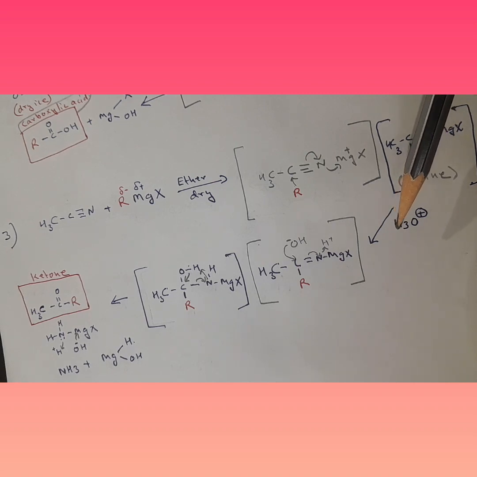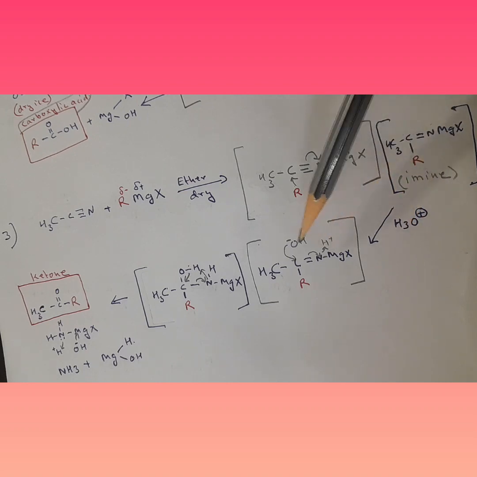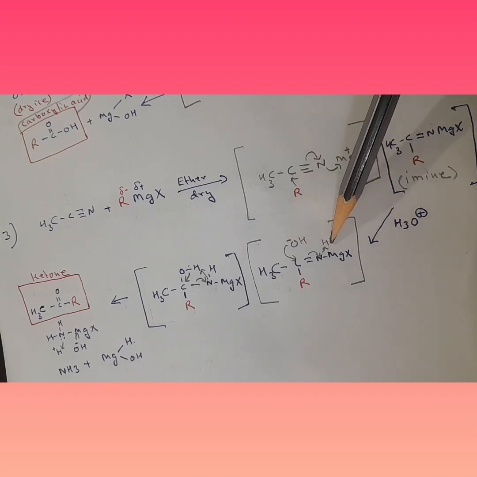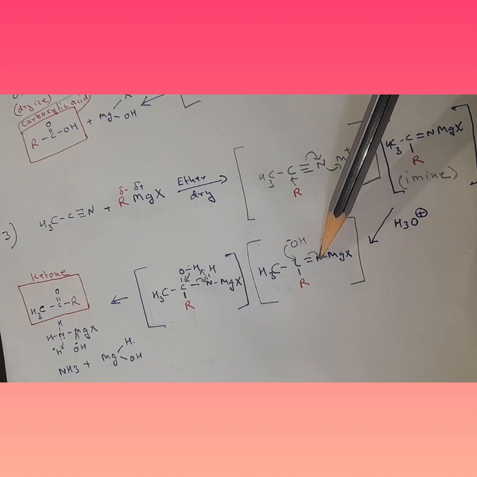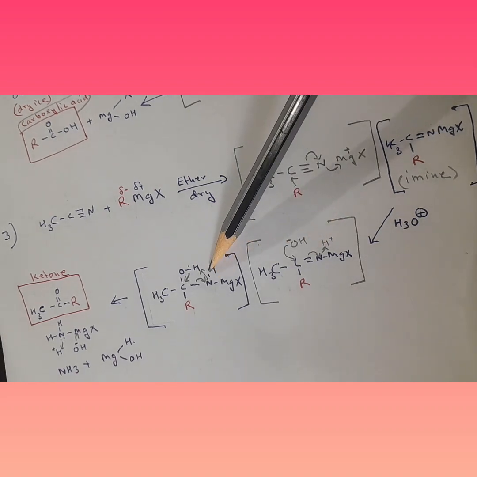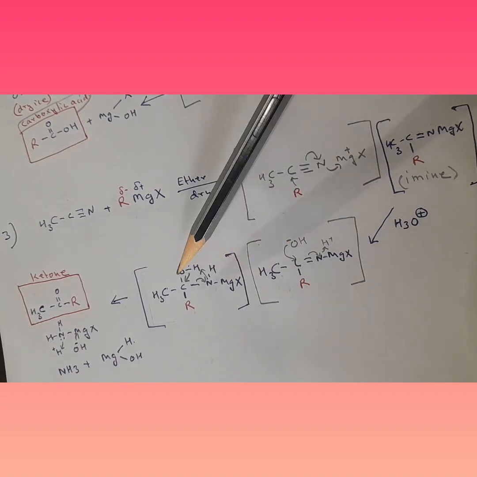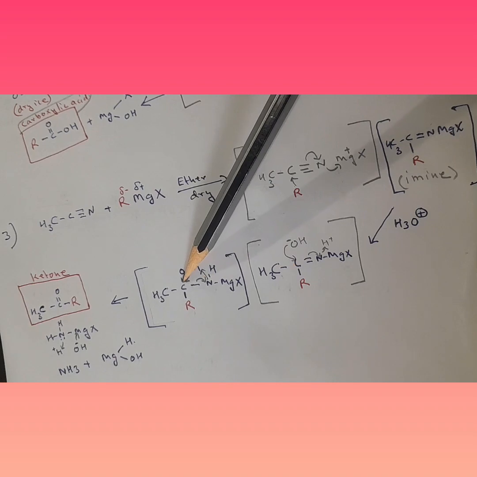Alright, now in case of acid hydrolysis, what happens is water is hydrolyzed into OH minus and H plus. Hydrolysis is breaking of water, OH minus and H plus. OH does nucleophilic attack on carbon, another pi bond is there, so that shifts over nitrogen, then that gets negative charge, that negative then picks up this hydrogen, thus forming NH-MgX, and this OH gets attached to it.